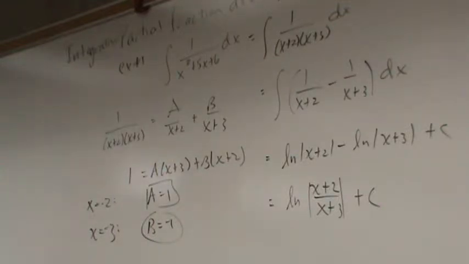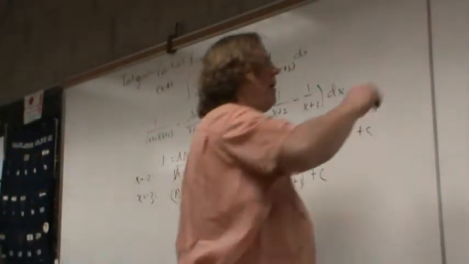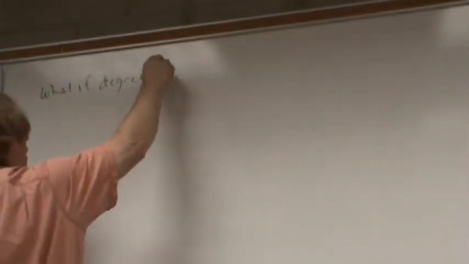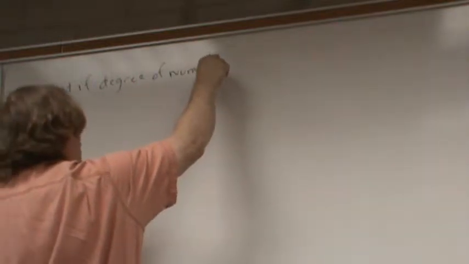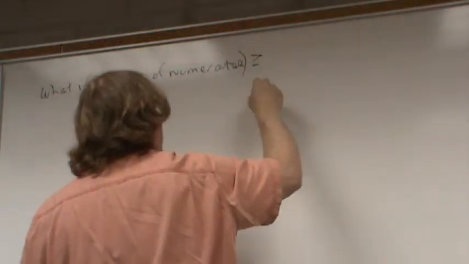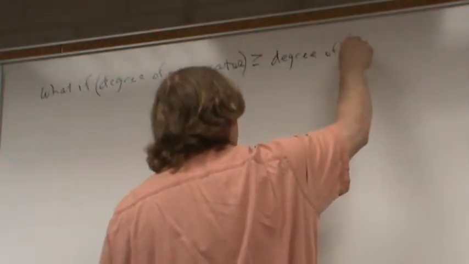The only time this becomes interesting is when the degree of the numerator is greater than or equal to the degree of the denominator. What if the degree of the numerator is greater than or equal to the degree of the denominator?